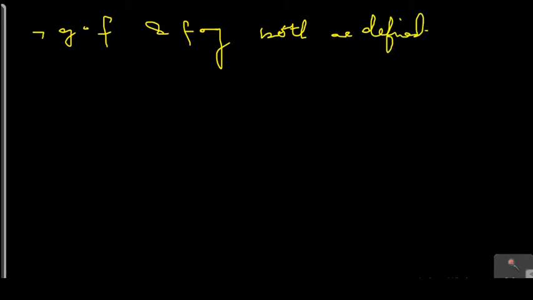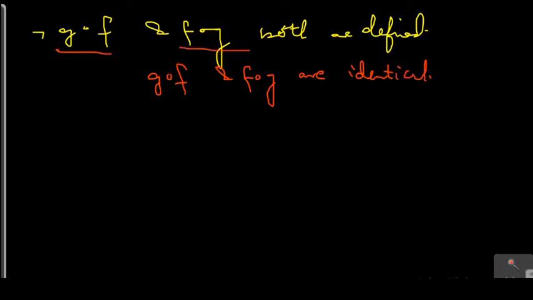Now, both being defined does not mean that g of f and f of g are identical. If f of g is defined and g of f is defined, does that mean g of f and f of g are identical? No, it's not the case. Remember that it is not the case.